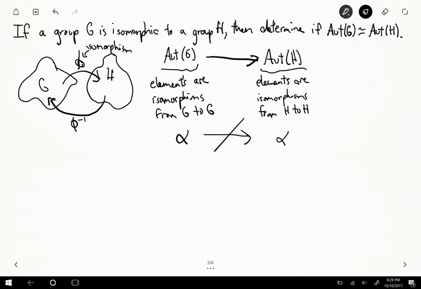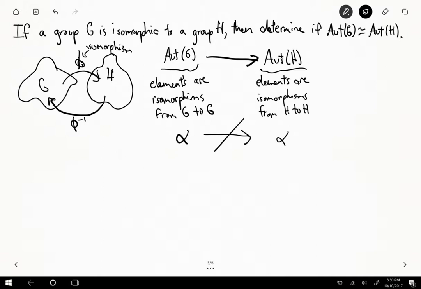Those two are isomorphic, but I'm using i, negative i, 1 and negative 1 for the fourth roots of unity, and I use 0, 1, 2, 3 as the elements of Z4. So even though they might be isomorphic, I'm using different symbols essentially. So we have to figure out what will actually turn this into an automorphism in H. Now notice the problem just says determine if they're isomorphic. I'm saying if this were to happen, that's what we have to do.